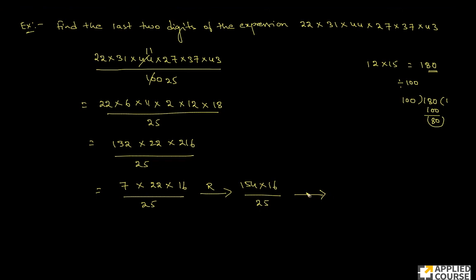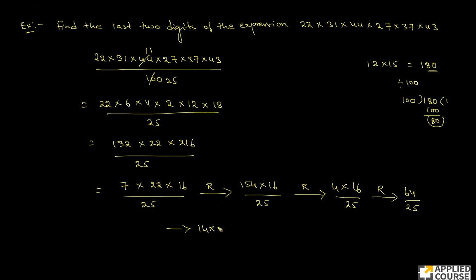Then here the remainder 4 × 16 by 25. 64 by 25. Then the remainder will be 14. But this is not the actual answer, because we get the last two digits when we divide by 100, but here we divided by 25.